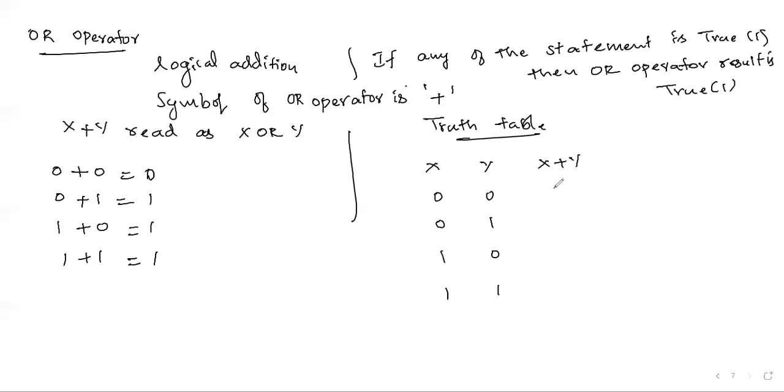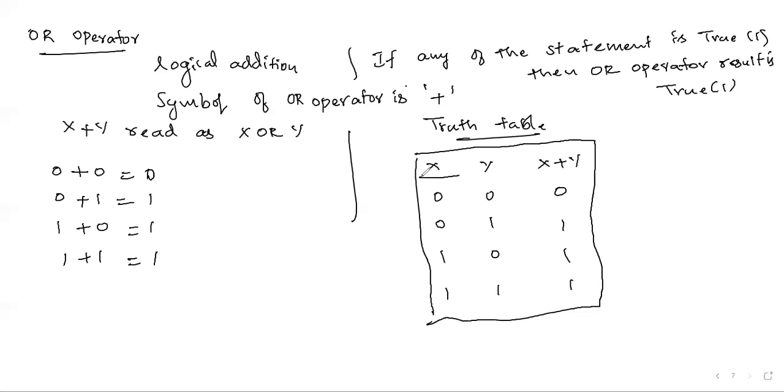So if both are false, then it will be false. In other cases, it will be true. This is the truth table.